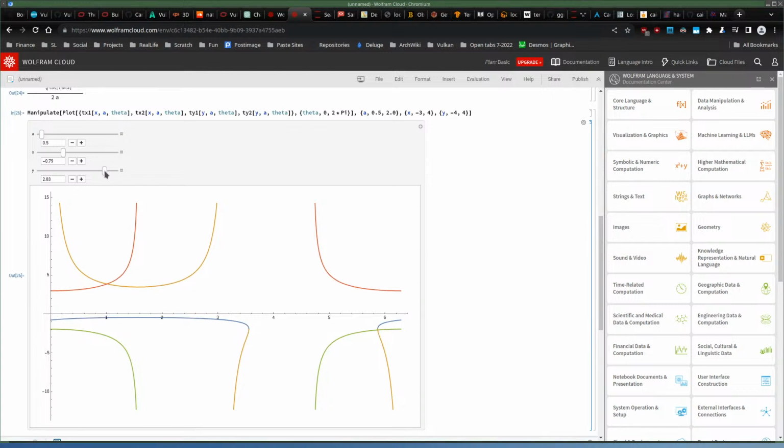Now here I have a crossing that goes exactly through the point where it switches from orange to blue. What does that mean?